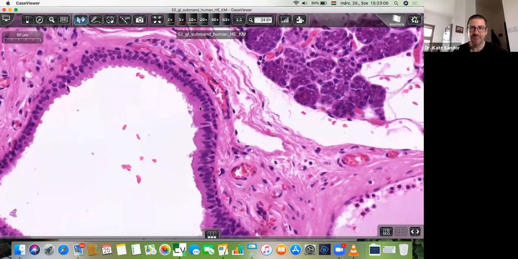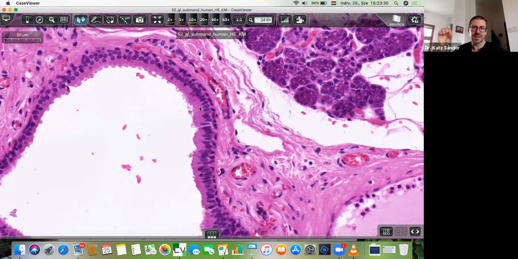Here, the epithelium is getting higher and higher, and the columnar is the last part of the duct system, because the lining epithelium gradually increases and rises toward the surface.